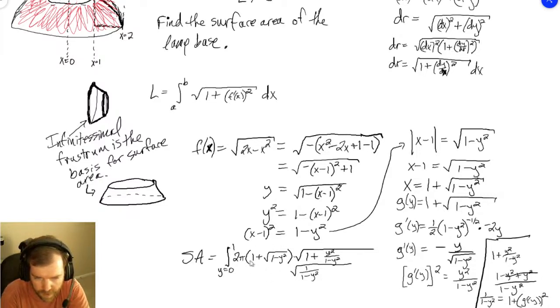And we're going to get on the outside 1 plus the square root of 1 minus y squared, and integral times 2 pi dy.